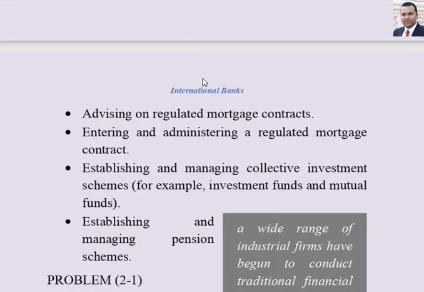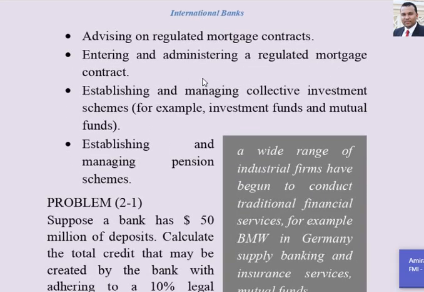Another activity is related to mortgage contracts. In this case, the mortgage contracts are related to the bank, and we can talk about the long-term contracts between the bank and the client. Other services provided by the bank are managing collective investment and pension funds.